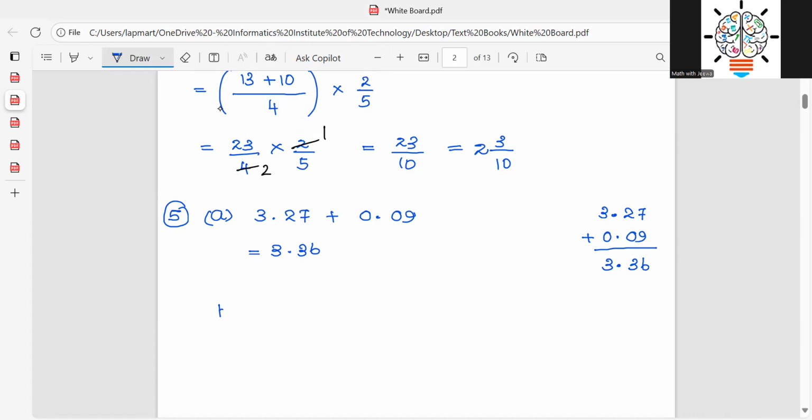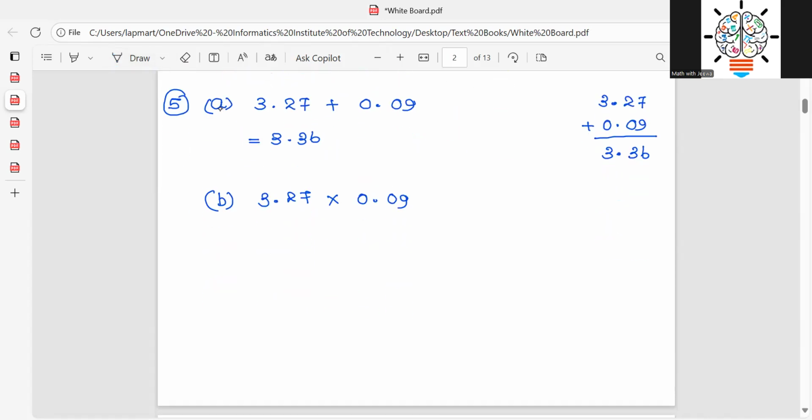So then here I write the answer 3.36. So then the part B, we have 3.27 multiplied by 0.09. If you can remember, I explained 2 different methods for this. The first method, it is what? 327 divided by 100 and 9 divided by 100. Then here in the working column, I multiply 327 by 9, right?